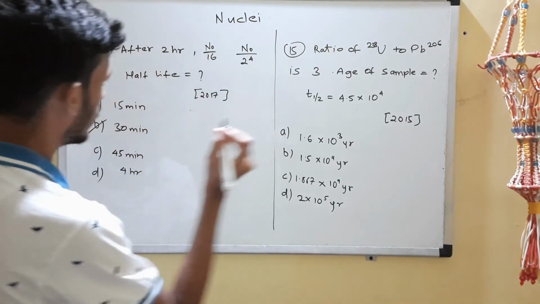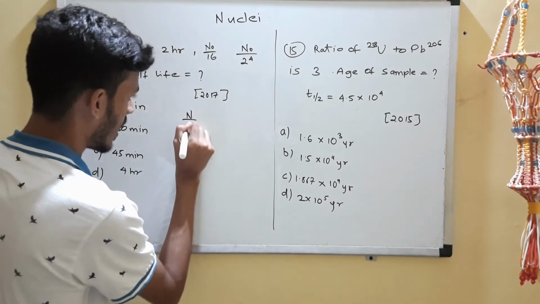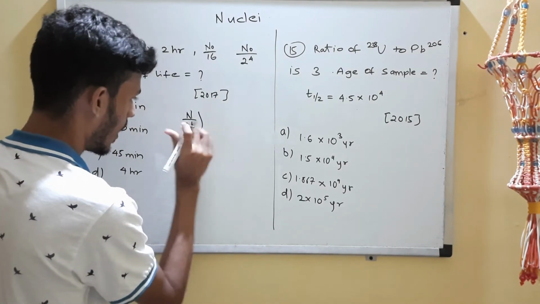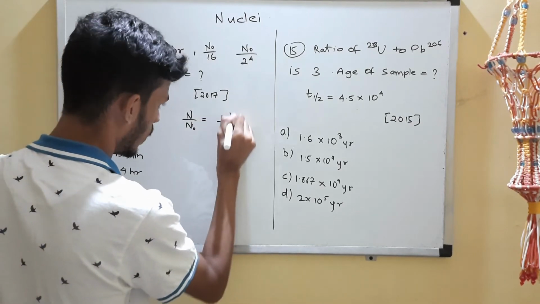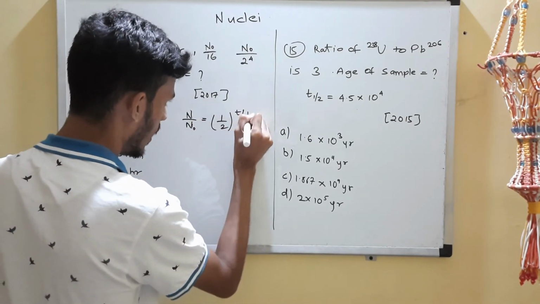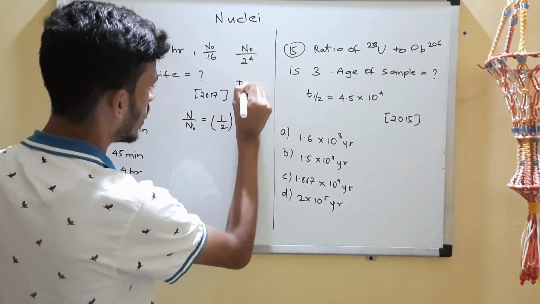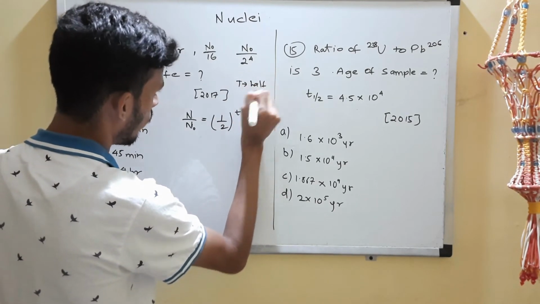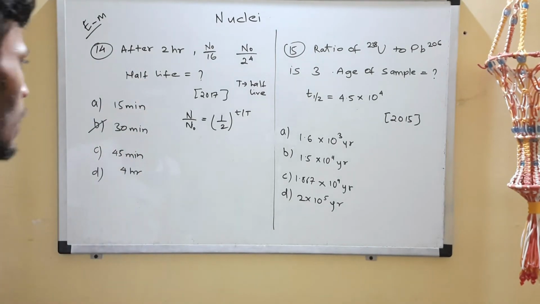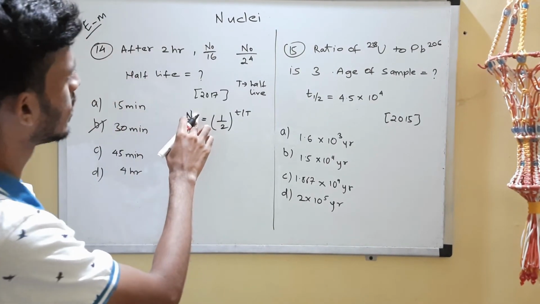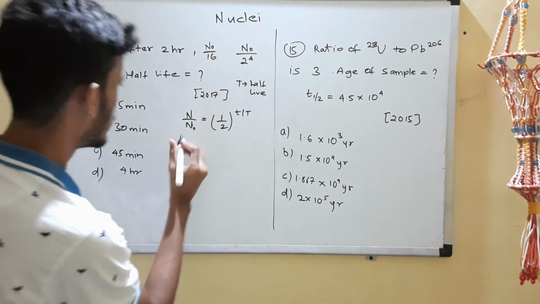Now let's do it by the formula way. It says N by N0 will be equal to half to the power t by T. You remember that capital T stands for half-life and small t is the time taken, here 2 hours. N is the concentration remaining undecayed, which is N0 by 16.